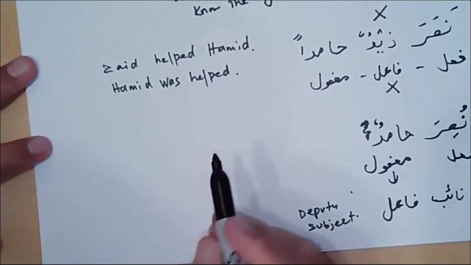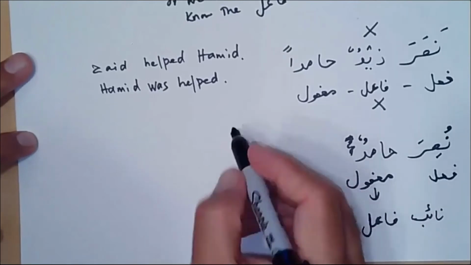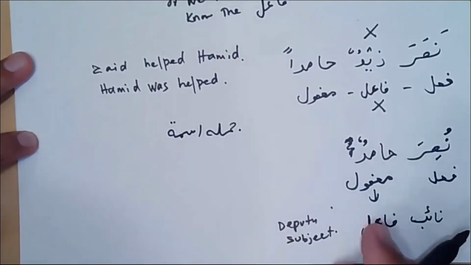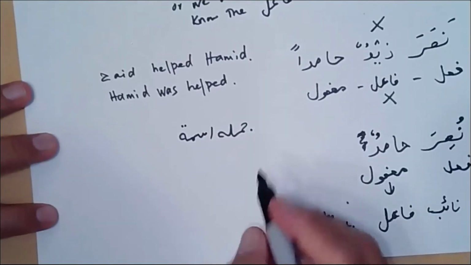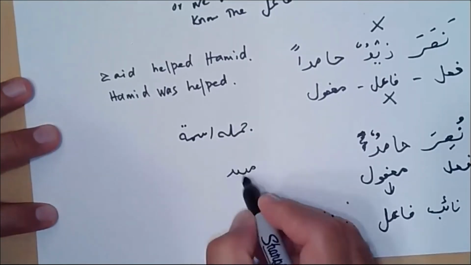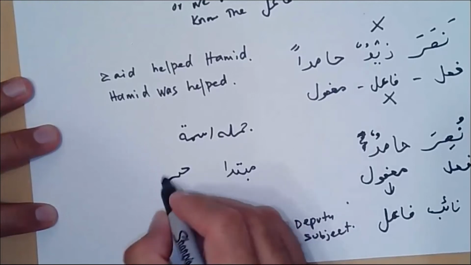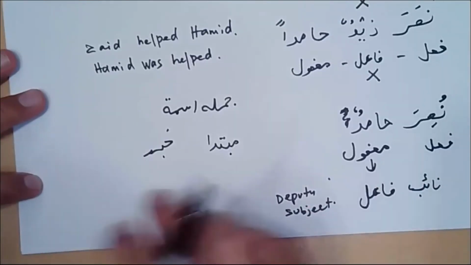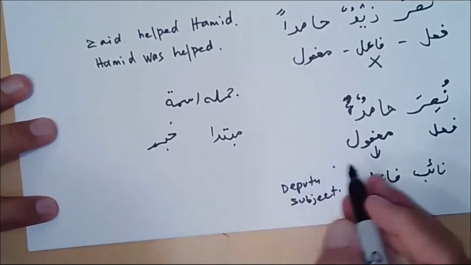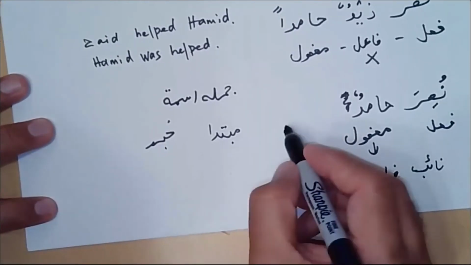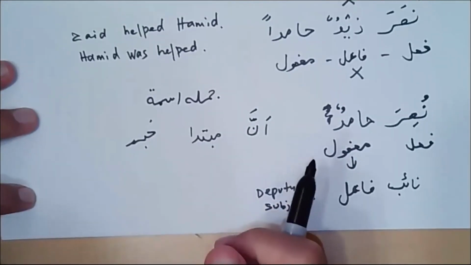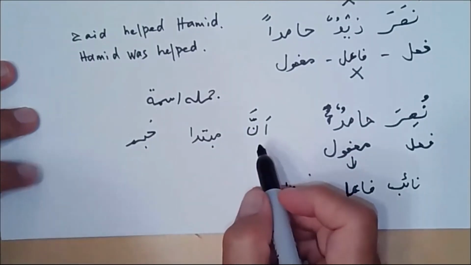Now this will jog your memory a little bit. Remember when we had jumla ismiya, what were the two parts of jumla ismiya? We had the mubtada and khabar. Remember that part? But remember, there was a time when we had to add anna to bring the emphasis.